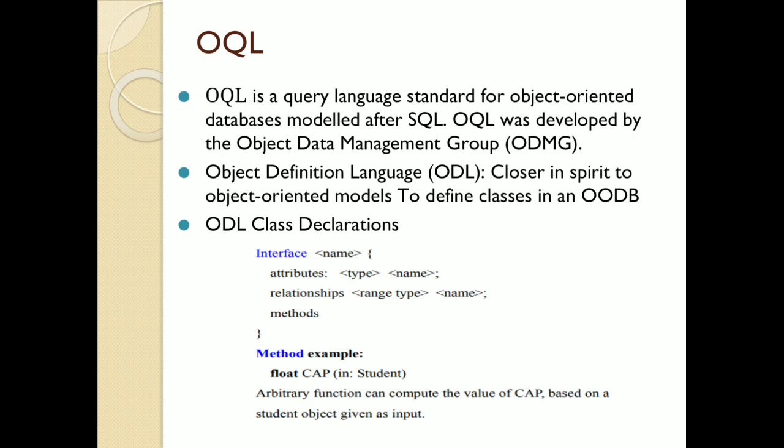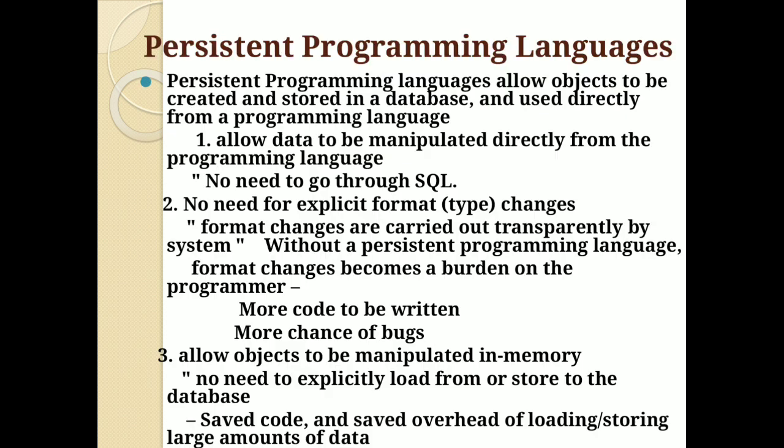OQL is the combination of SQL and ODL. Now here is an ODL class declaration, a simple example of object definition language: interface, name, attributes, type, name, relationship, methods, and a method example is float gpa in students. Here an arbitrary function can compute the value of gpa based on the student object given as the input.